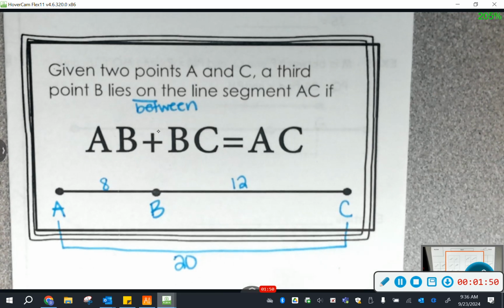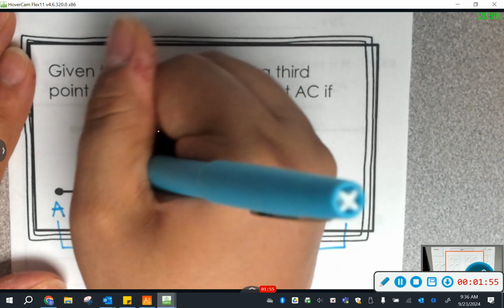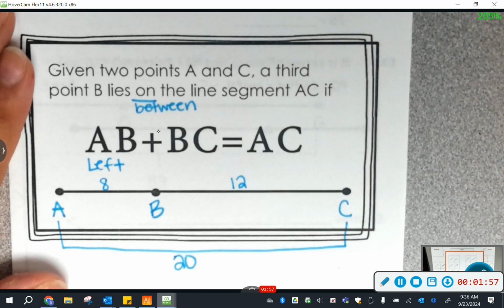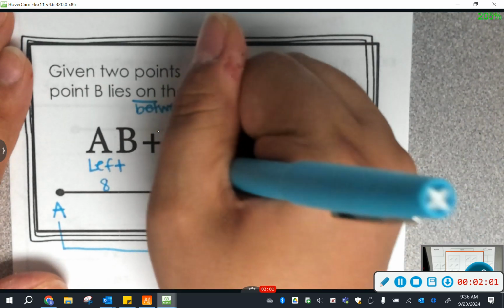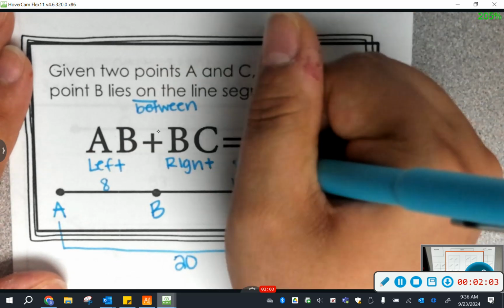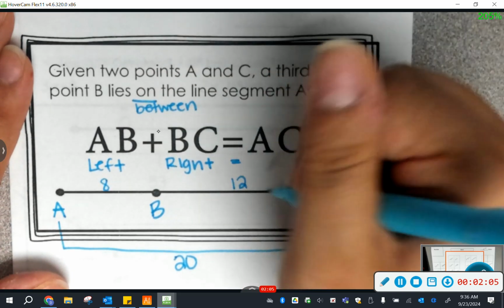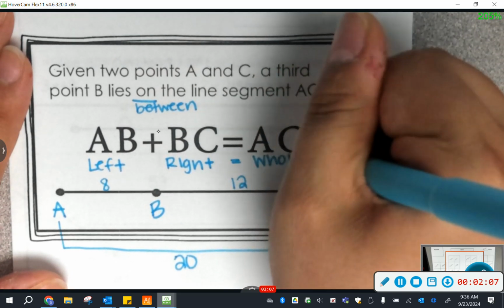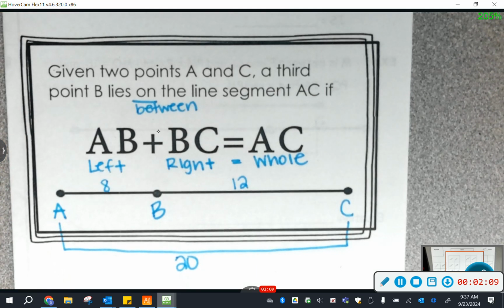The way that I have my students remember segment addition is your left side, what's on the left here, AB, plus your right side equals what? The whole thing. So left plus right equals whole is what you're going to hear me say a lot.